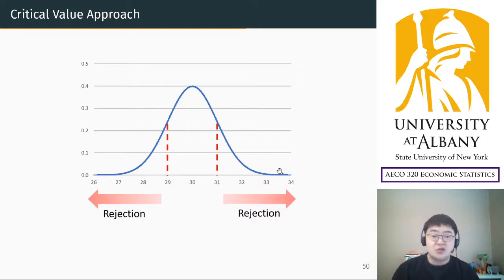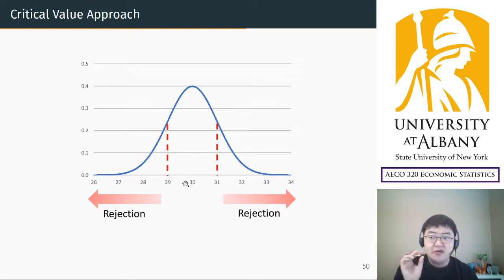So in the picture, graphically, this is what you're doing. Suppose that I believe that students spend 30 hours on average on midterm exams. My belief was 30 hours, but suppose that it's acceptable to have between 29 and 31. Even if 30 hours is true, your sample mean cannot be exactly 30 hours.